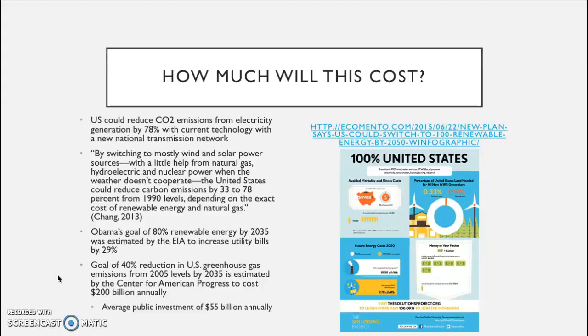So not overly huge, still expensive, but potentially doable. And then here's an infographic I included from the Solutions Project that gives some more details regarding what would look like for 100% renewable energy in the United States.